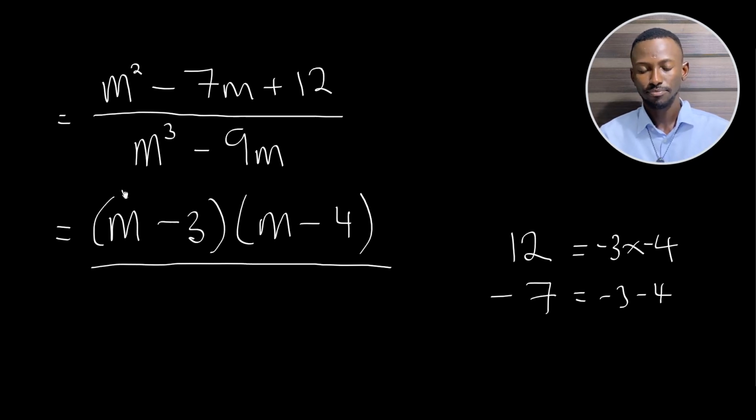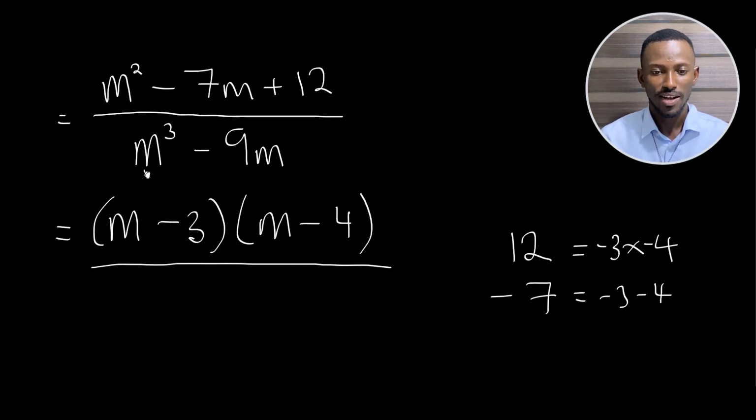And then for the denominator, we have m cubed here and we have 9m. If you have mathematics, you would know that 9 is the same as 3 times 3, or 3 squared. So we want to do something to the denominator so that we'll end up having a difference of two squares. What do I mean by that?